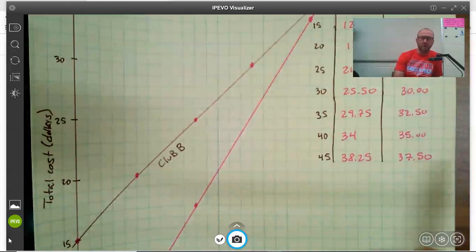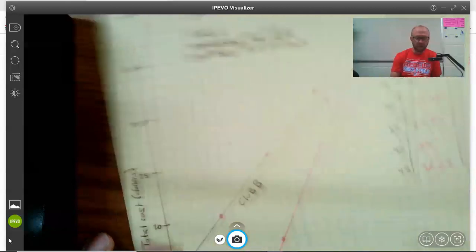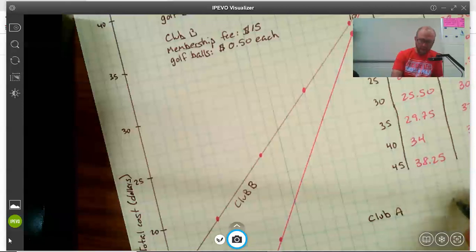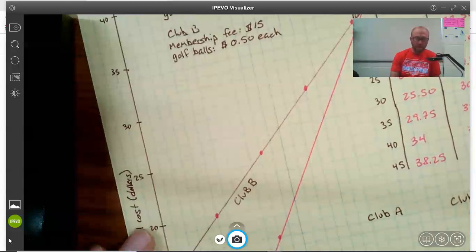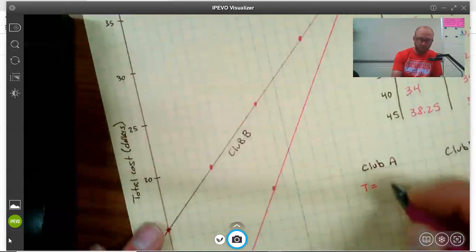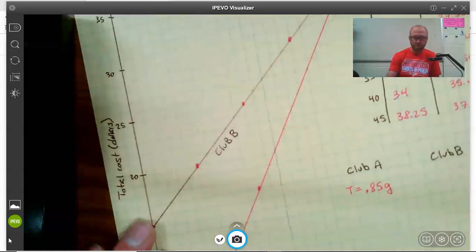We might ask, well, where exactly is the cutoff? Well, we can figure that out too. If we write an equation, for Club A, the total cost is simply T equals 0.85 times G, the number of golf balls.